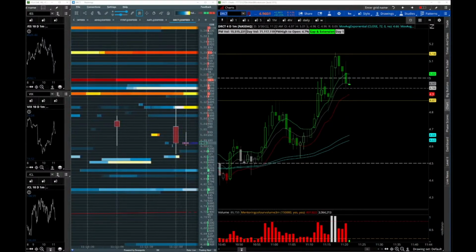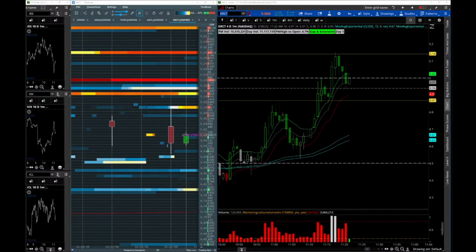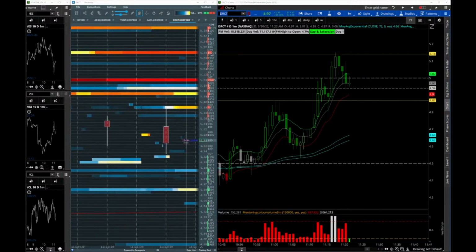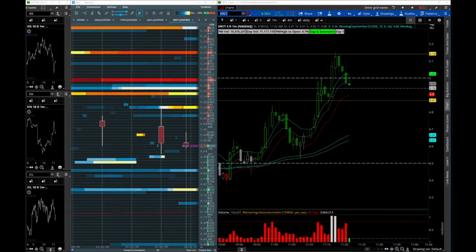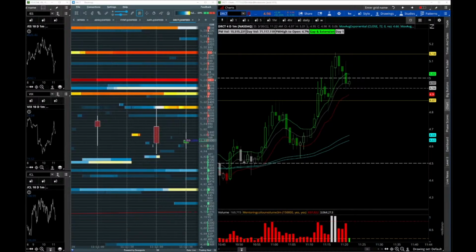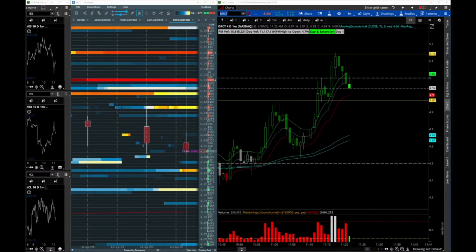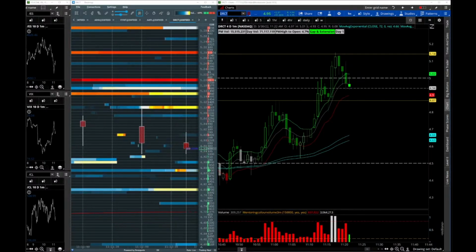We have a small support 4.94. Below the 5, traders, so possible wash to the 4.90. $4.93, they're playing 4.93, 4.94.